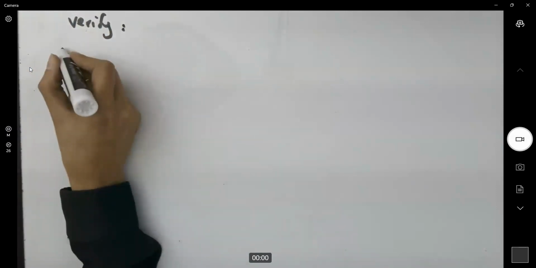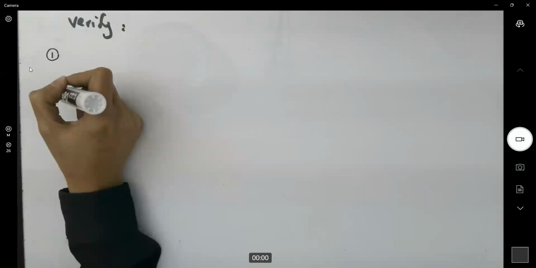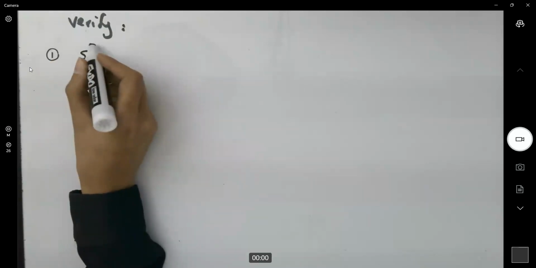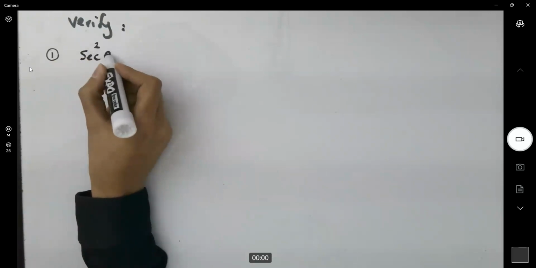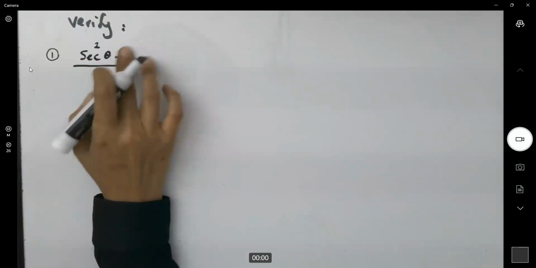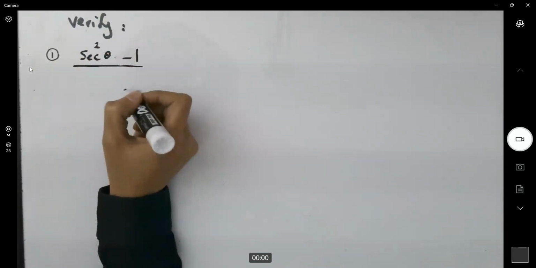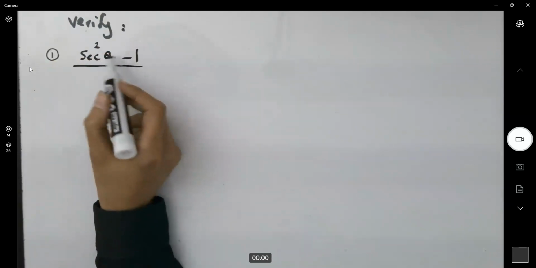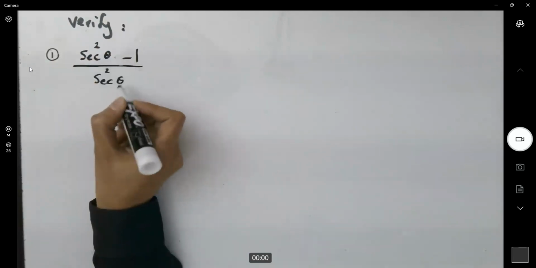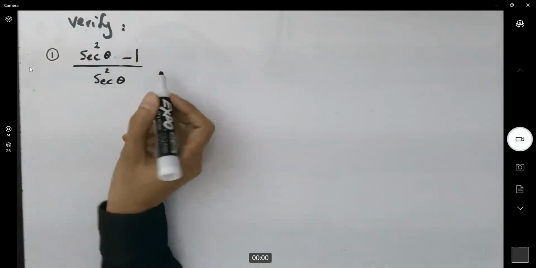The very first one says, on the left-hand side, you have secant squared of theta minus 1 divided by secant squared of theta. This minus 1 is next to your function, not next to theta. This is our left-hand side.